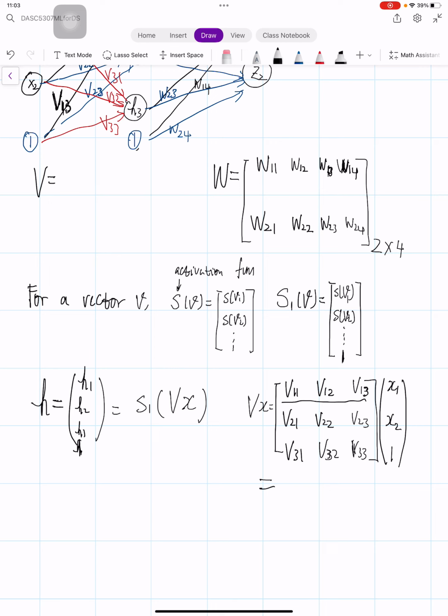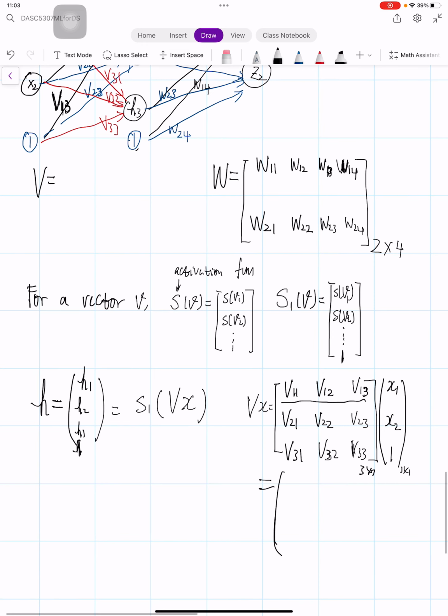This multiplication will be 3 by 3 and 3 by 1, so this is a 3 by 1 vector, and the first element is just the weights v1i from 1 to 2.